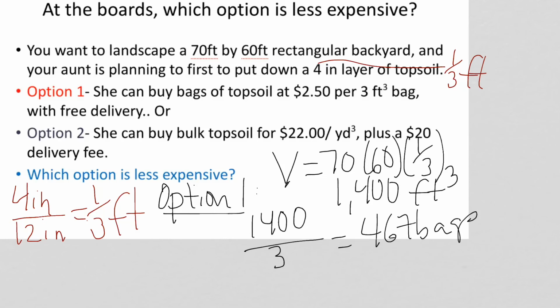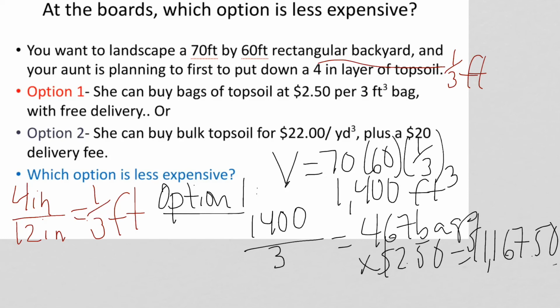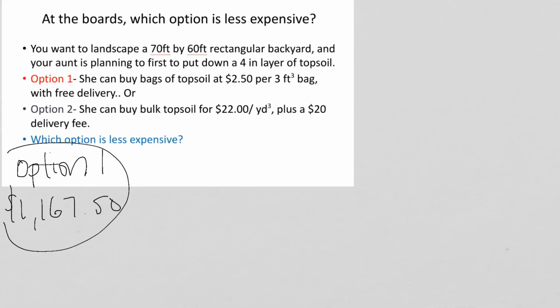They each cost $2.50, so I'm going to multiply this by $2.50. So my total for option 1 is about $1,167.50. So for option 1, we got that amount, $1,167.50.